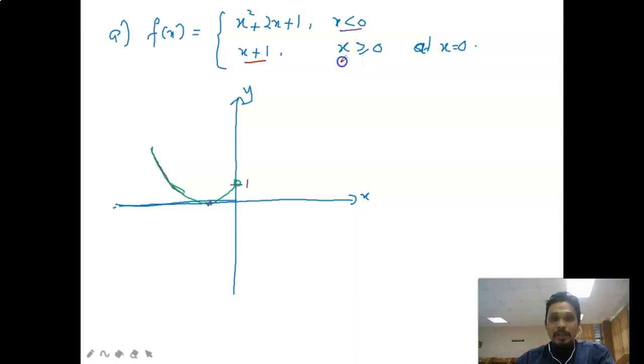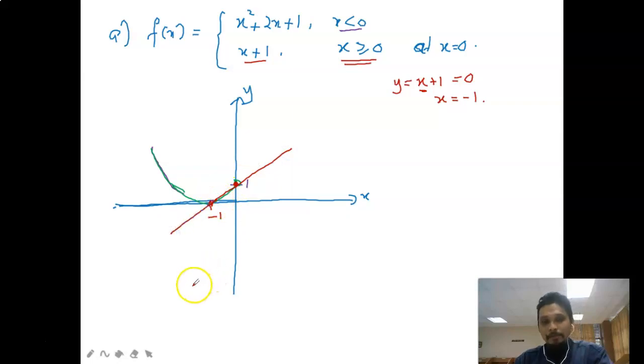The domain is for x greater than or equal to 0. So let's say y equal to x plus 1, when x equal to 0, y equal to 1. (0, 1) is somewhere around here. And then when y equal to 0, then x equal to negative 1 here. So we come up with this line. There you go.